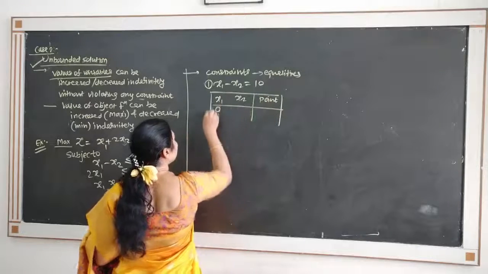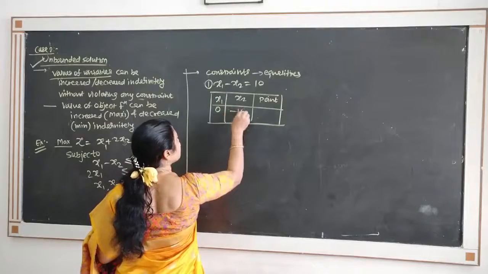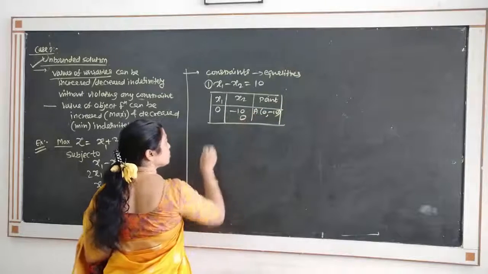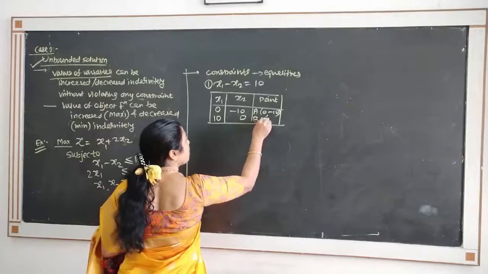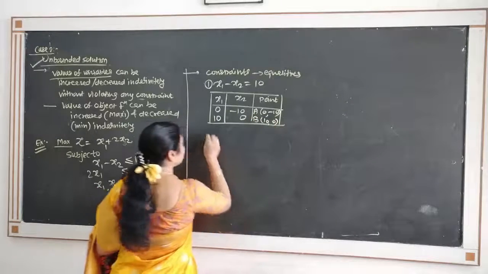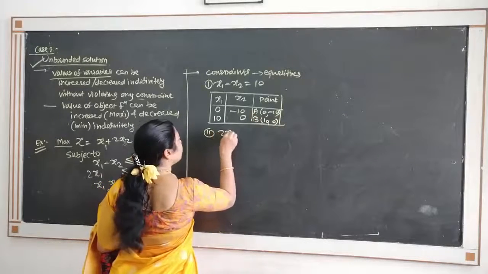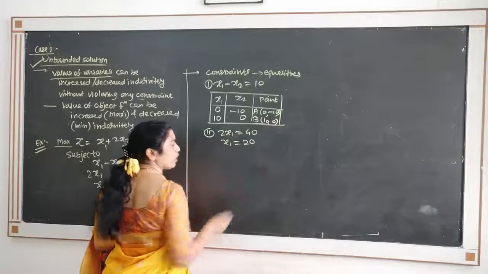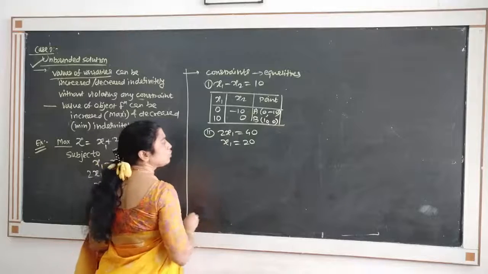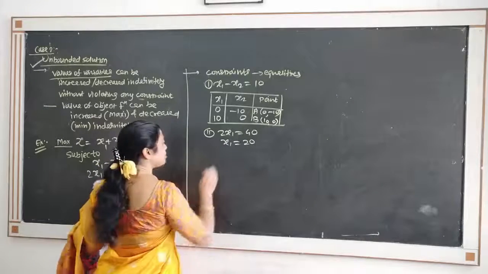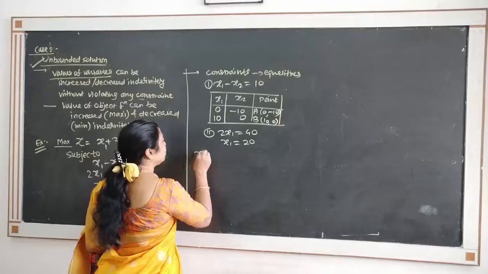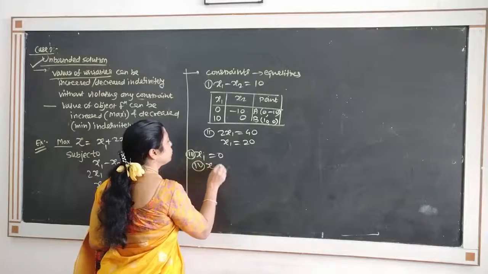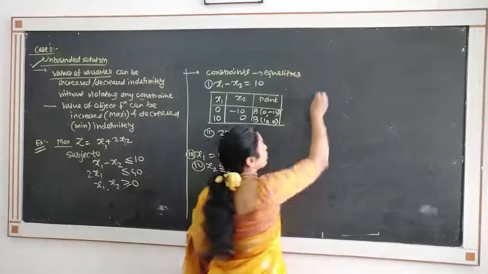When x1 is 0, x2 is minus 10. The first point is (0, -10). When x2 is 0, x1 is 10, the B point is (10, 0). The second constraint is 2x1 equal to 40, that is x1 equal to 20. It is lying parallel to the x2 axis. And the third is x1 equal to 0 and x2 equal to 0. So plot the graph.